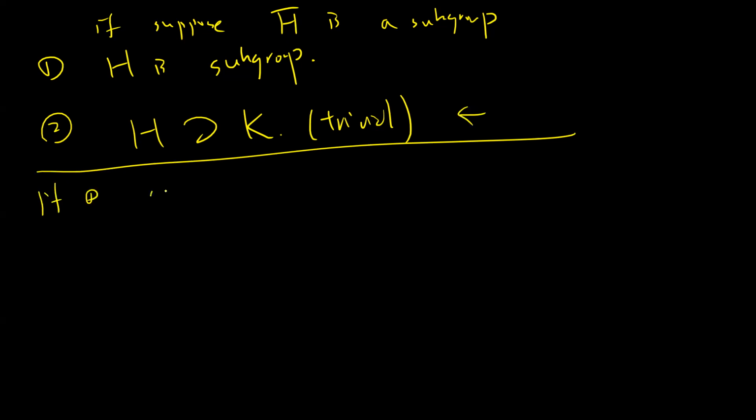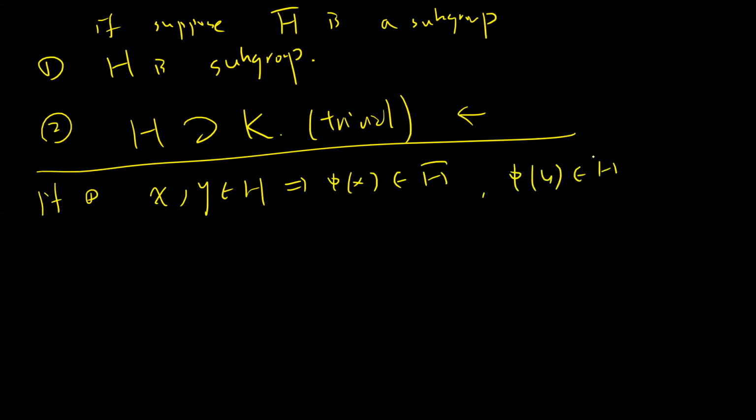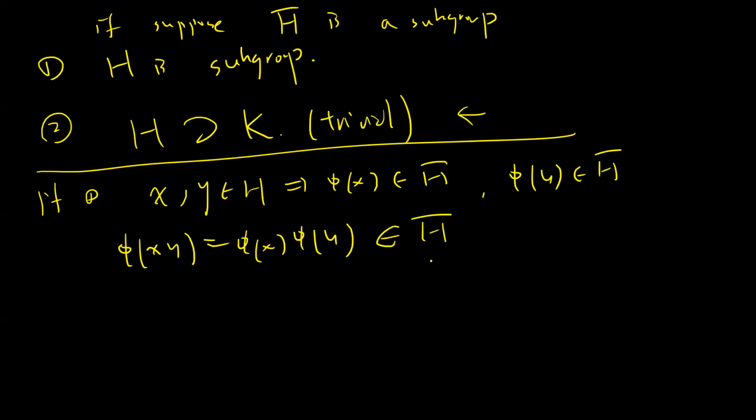Let's say if X, Y belong to H, then phi of X belongs to H bar, and phi of Y belongs to H bar. We know that phi of XY equals phi of X times phi of Y. Both belong to H bar, so the product belongs to H bar.